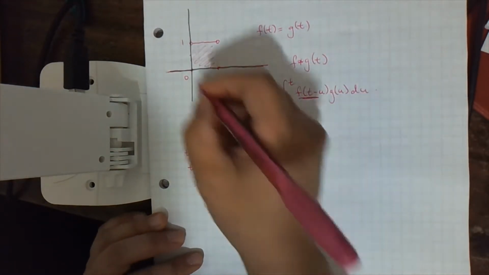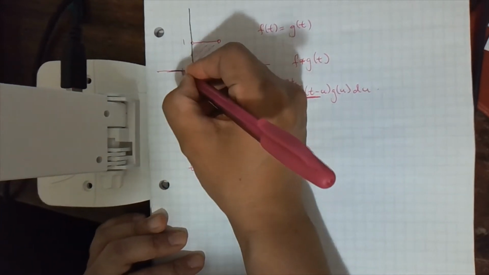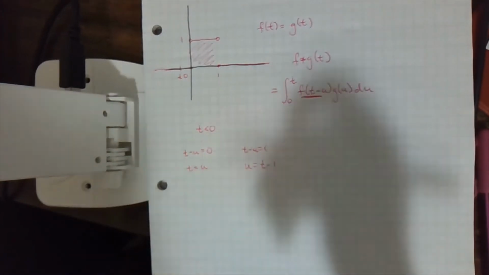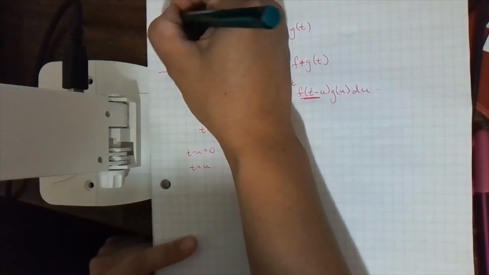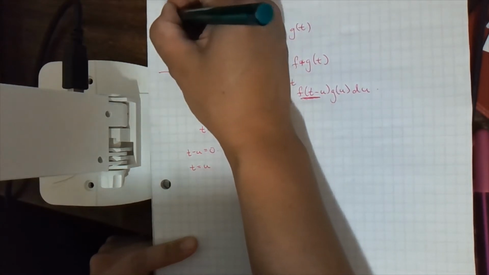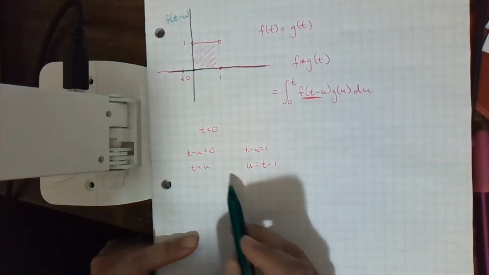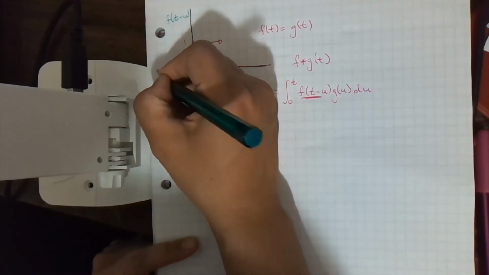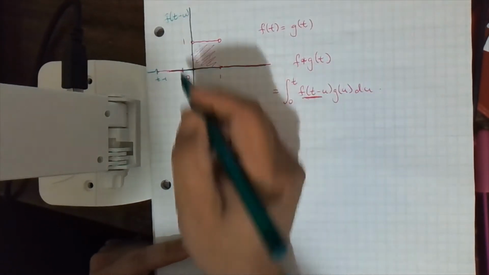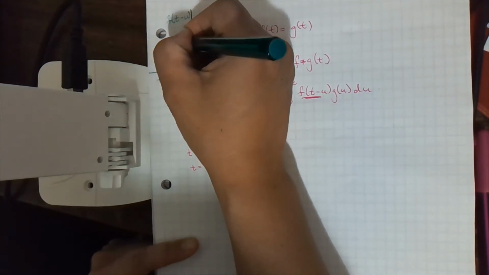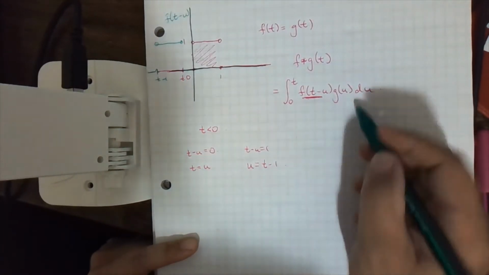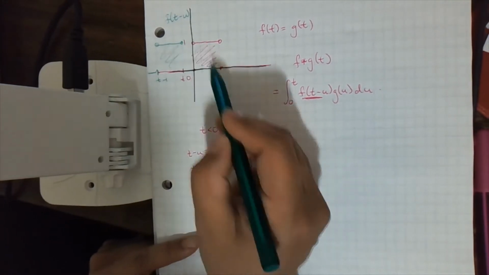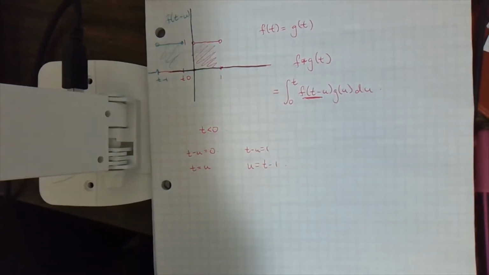So for some value of t over here, let's take a different color and graph f of t minus u in this color. We'll have jumps at t and t minus 1. t minus 1 is over here. So our f of t minus u will be that function: 0, 1 here, and 0 here.